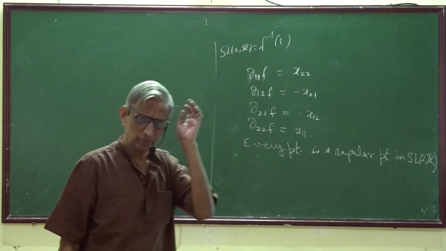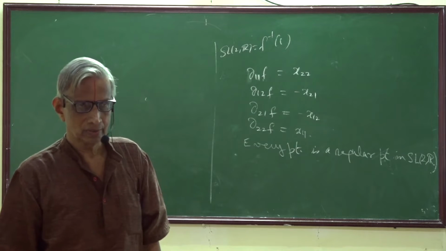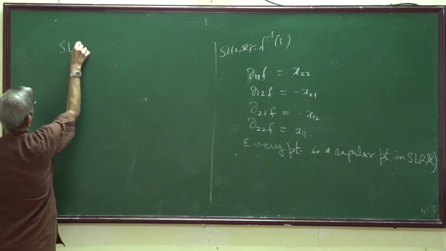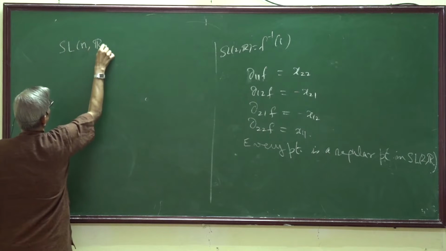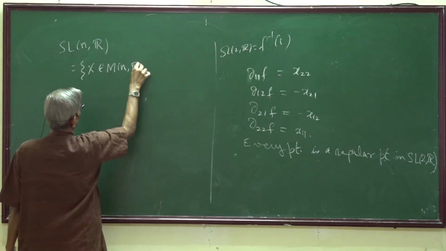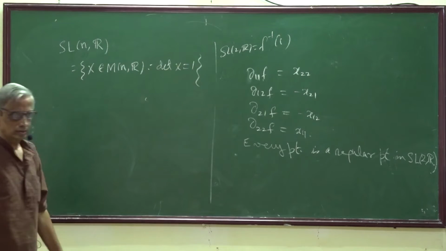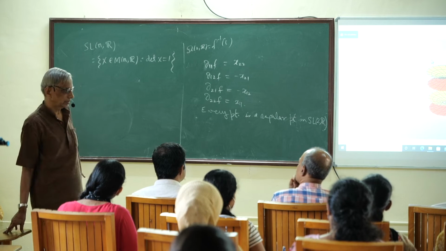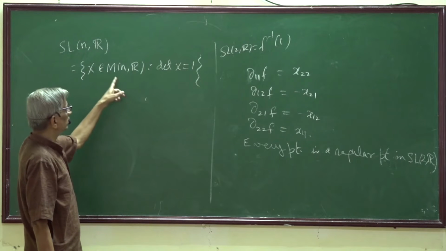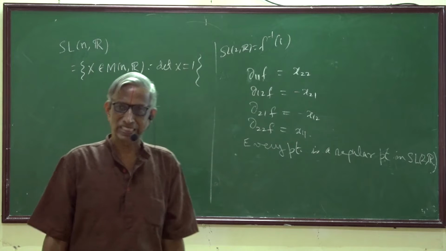Because there is nothing special about 2 here, you can take any matrices of any order. So M n R, the dimension is n square for the space M n R. There is only one condition, only one degree of constraint there.